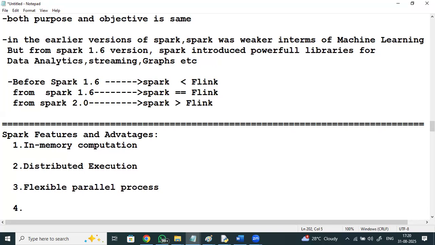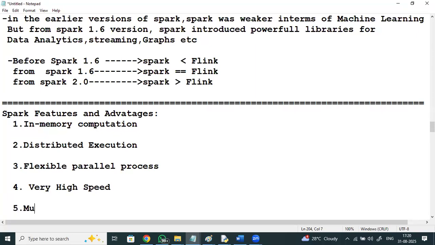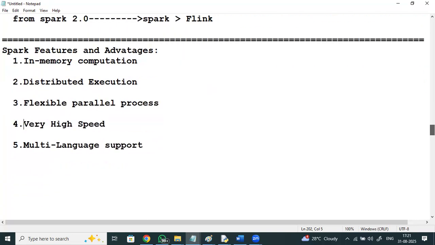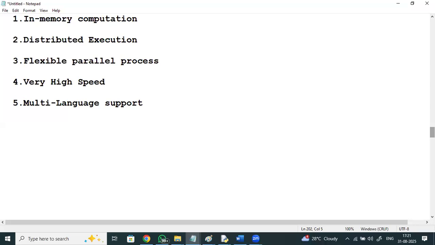Very high speed. Multi-language support. Good for iterative algorithms.